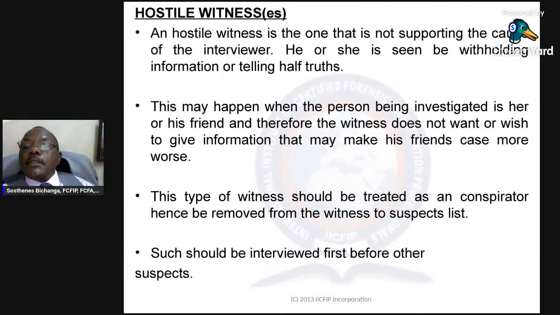Witnesses must be interviewed before suspects. This is not a hard and fast rule, but it is good interrogative practice to start with witnesses and then move to suspects and then come back later on to interview those who first were deemed to be suspects but are proved to be witnesses.